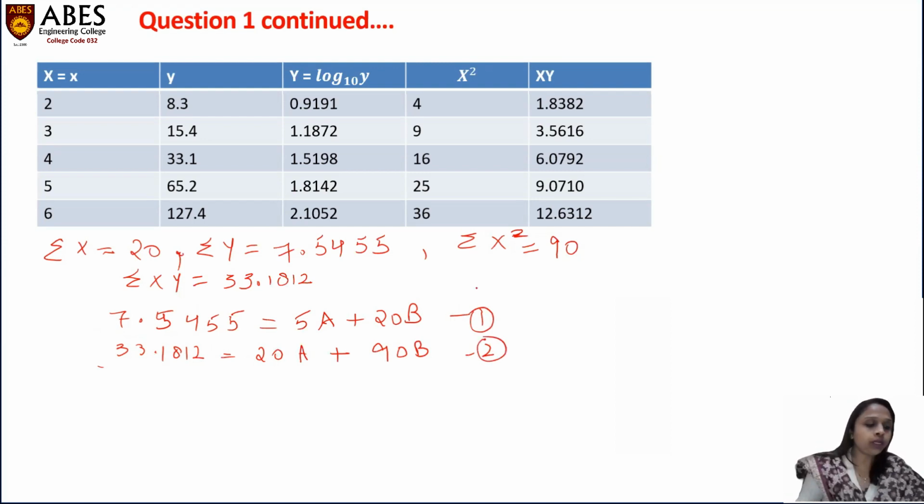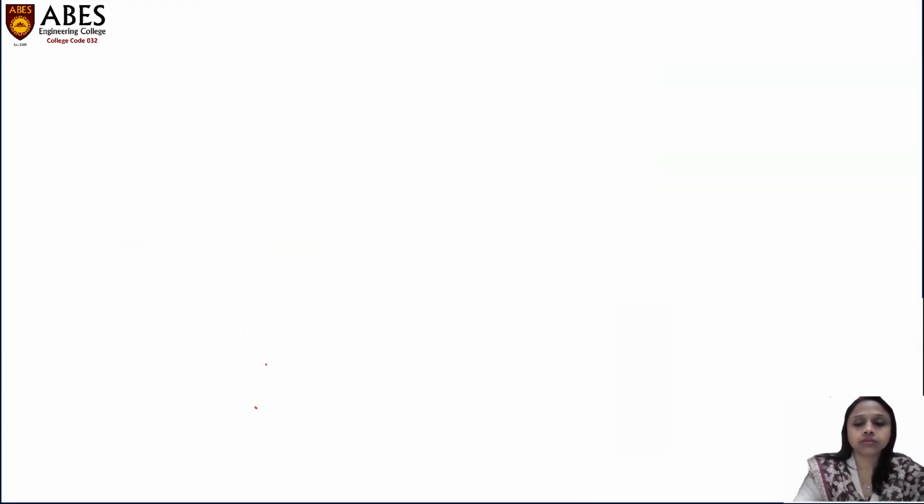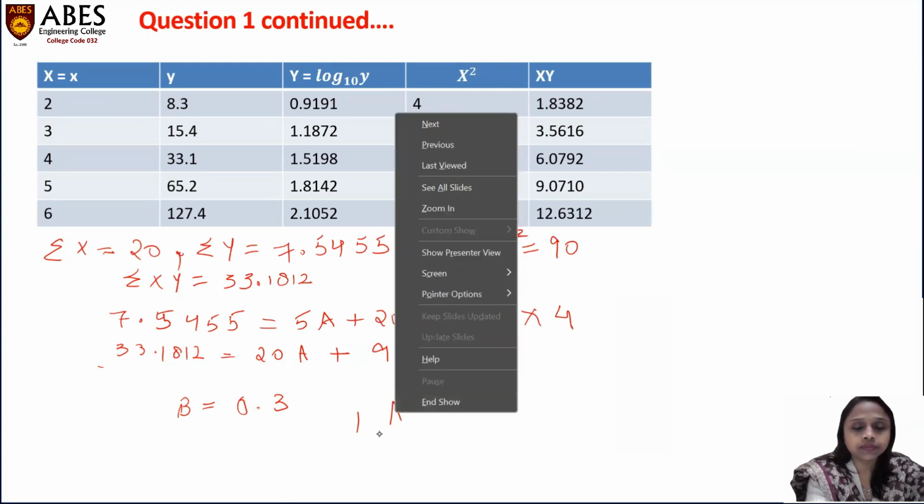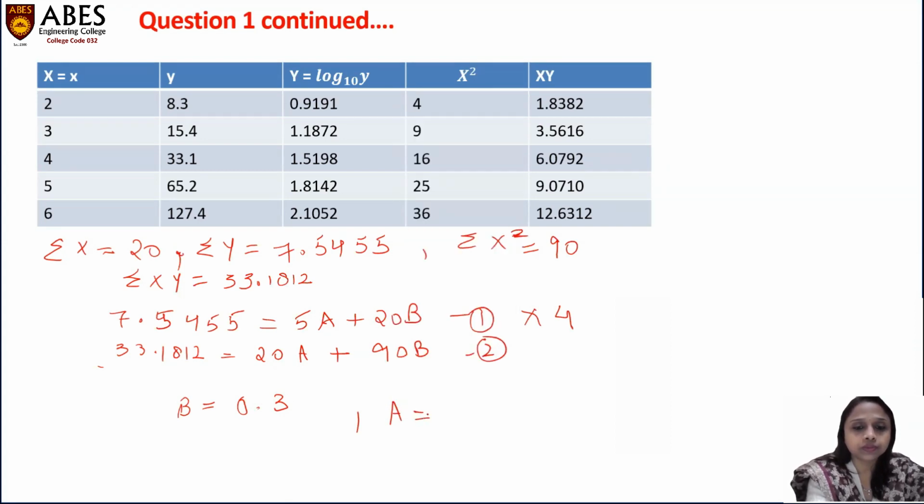So we have these two normal equations, equation numbers 1 and 2. We can solve them by the cross multiplication method, or simply multiply equation 1 by 4 and we will get the corresponding values. On multiplying equation 1 by 4, we get B as 0.3, and on putting the value of B in either of equations 1 and 2, we get A as 0.31.